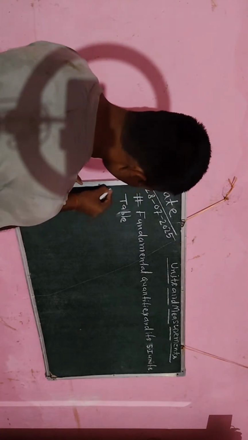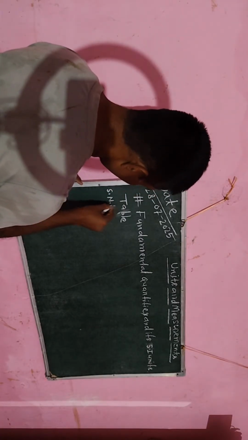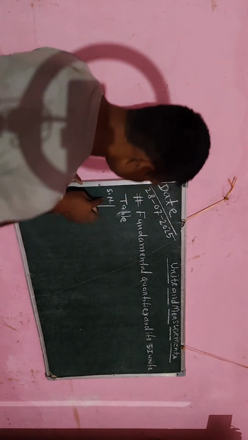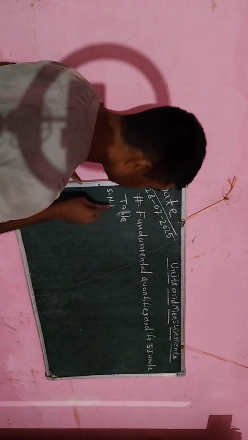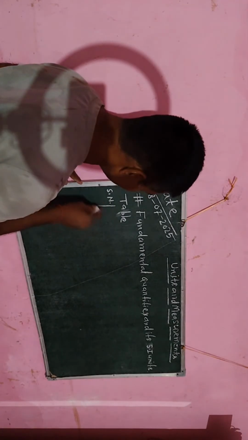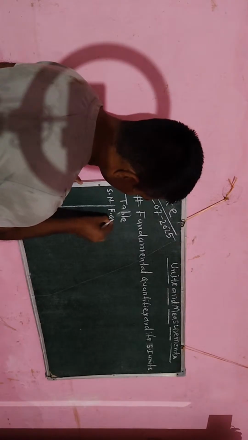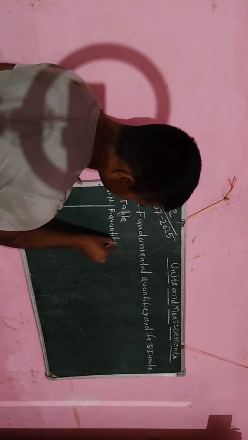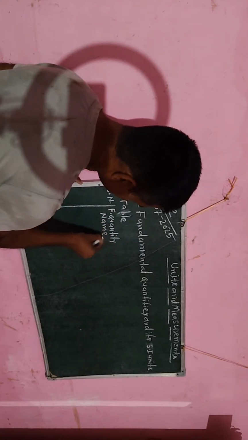First of all, here I will write serial number, because serial number will tell you how many terms will be there. This is the serial number. Now next I will say fundamental quantities. Here I will write fundamental quantity name.